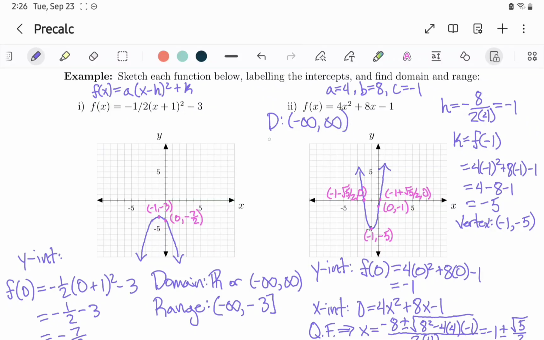And for the range, well, since this is an upwards facing parabola, the left endpoint of our range is going to be the y-coordinate of the vertex, because it's going to be the lowest point on the graph of our parabola. And then the right endpoint of our range is just going to be infinity. So our range is going to be from -5, with the endpoint included, to infinity.